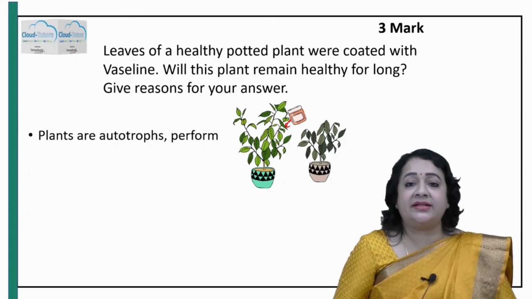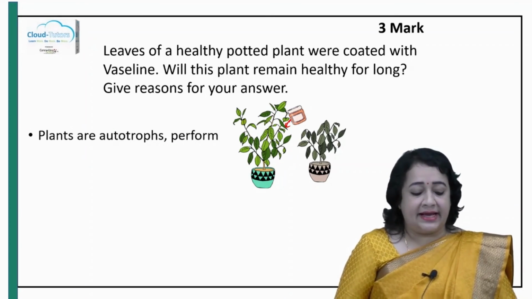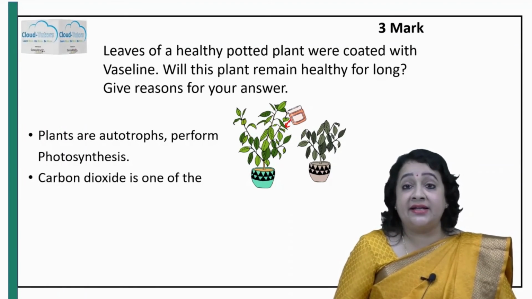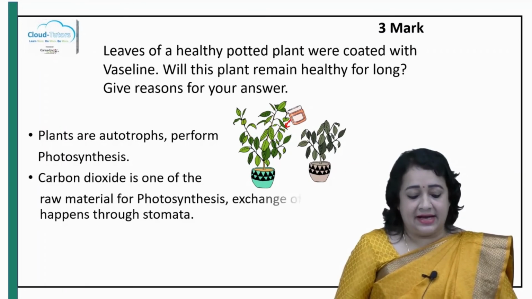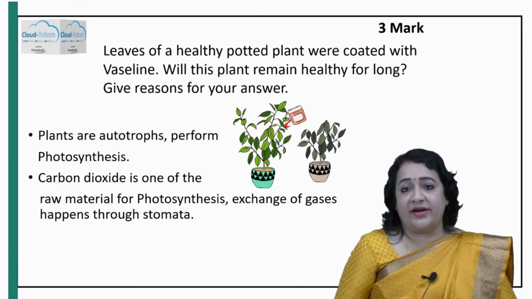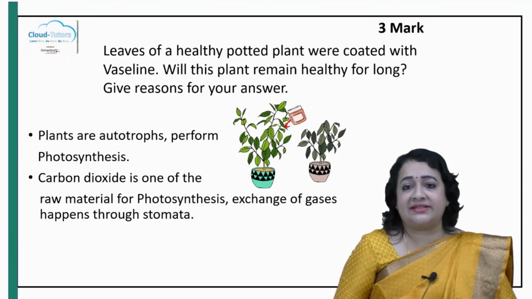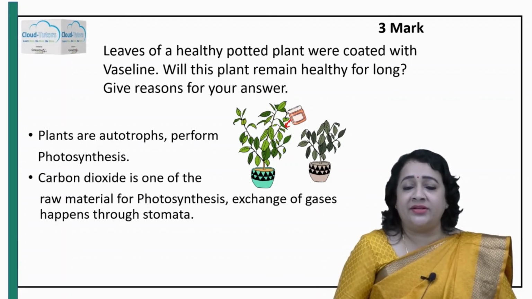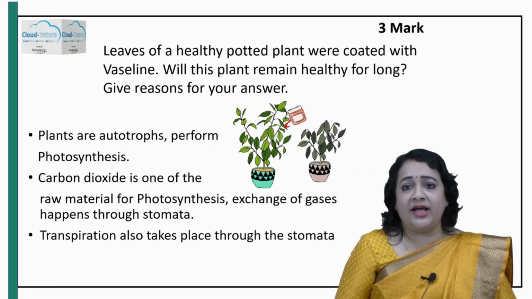You have to remember that plants are autotrophs and they perform photosynthesis. To perform photosynthesis, they need carbon dioxide, and this carbon dioxide will enter into the plant through the stomata. And when you coat the leaf of this plant with Vaseline, what will happen? The plant will not be able to take in carbon dioxide, and definitely photosynthesis will not happen.